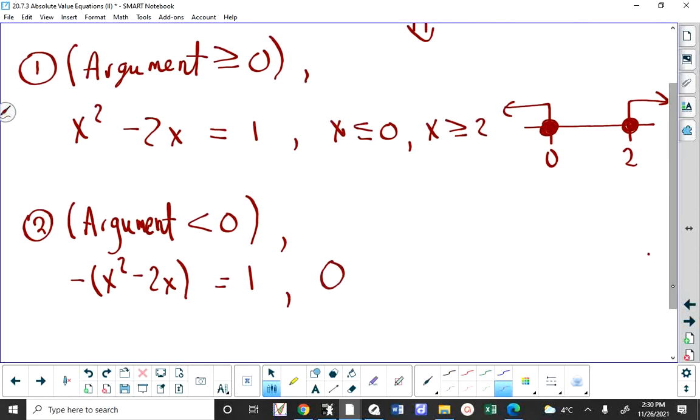What this means, of course, is that if this is 0 and this is 2, x can be any number between those two values. Keep something in mind. We still have to solve these equations, right? This is all just thinking going into what the domains are.